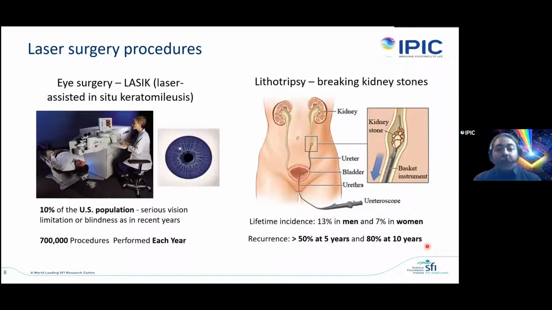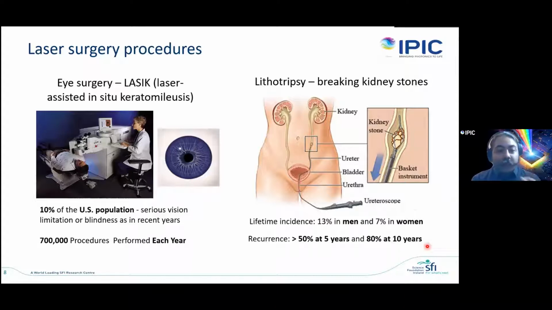Now, these are all procedures where very intense light is applied to a very small object, a very small volume. But there are several treatments which also use light spread out over a larger volume.